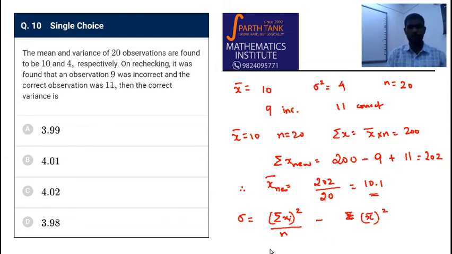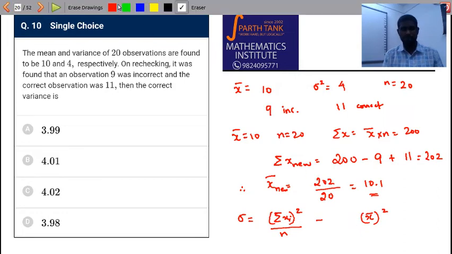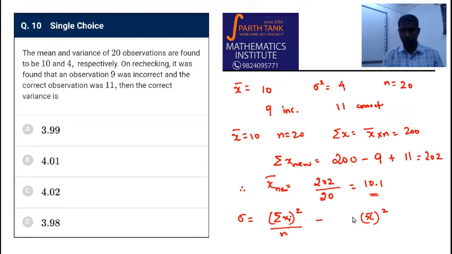This is the formula for variance. Now we know the new mean. We have to find the new value of summation of xi squared. How to find it? Quite simple. We'll use the same logic.